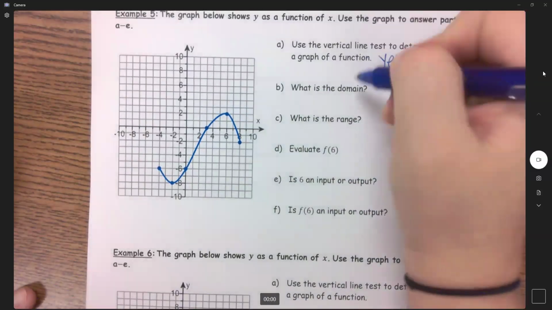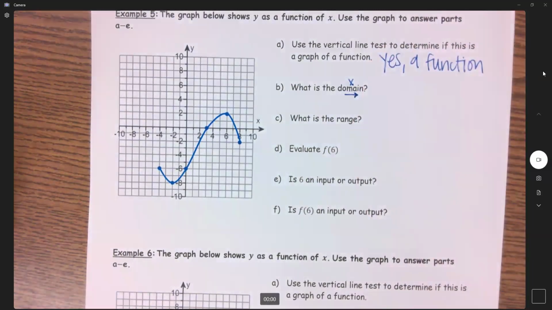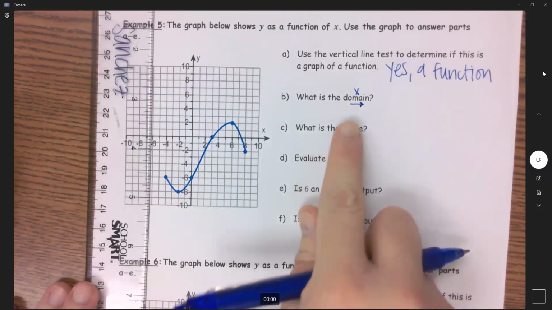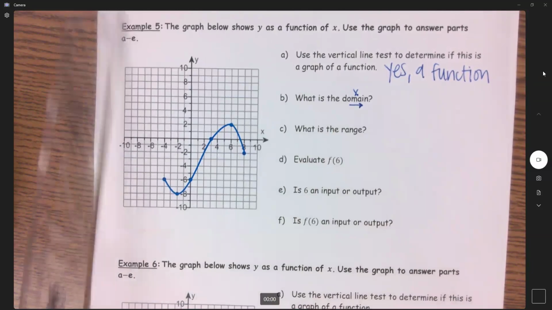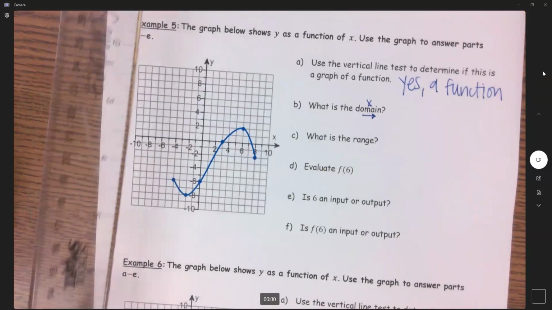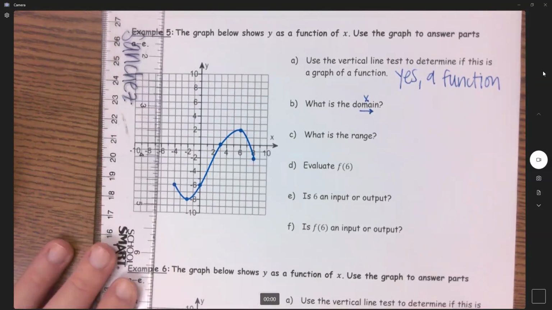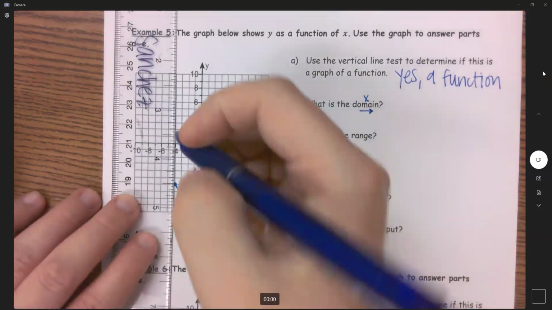So when I go over my domain, which is still my x, and we go from left to right, this is where it's really important to go from left to right and to kind of use a ruler here. As I go from left to right, where am I first encountering this graph? I have no graph, no graph, no graph. Here is where my graph starts.